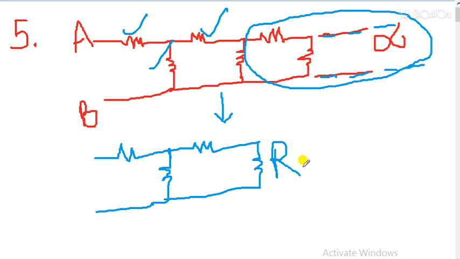Students, I am repeating: where your circuit starts repeating, like we left the first two resistances, then we take this one, and after that we assume the circuit is repeated. So we simply take it as R, that is repeated, and then we will solve. It is 2 ohm.